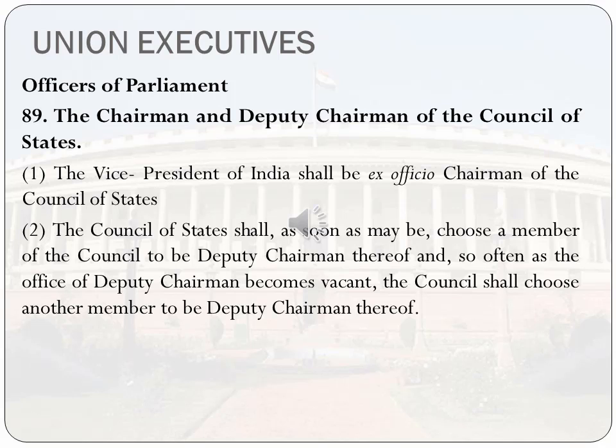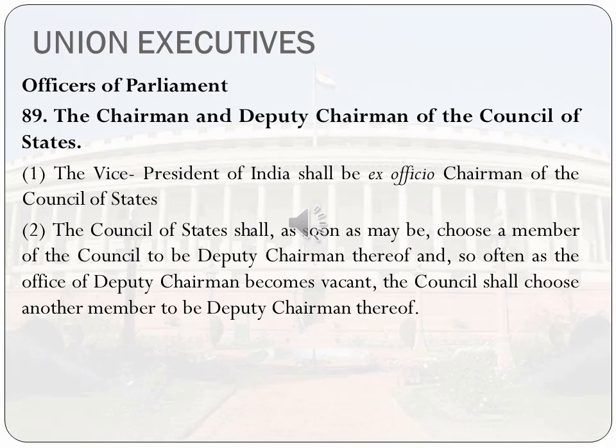The officers of the Parliament. The chairman and the deputy chairman of the Council of States are the officers of the Parliament. The Vice President of India shall be the ex officio chairman of the Council of States by default as per the Constitution.